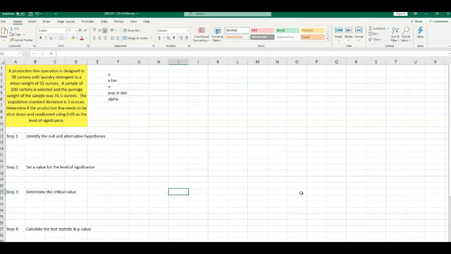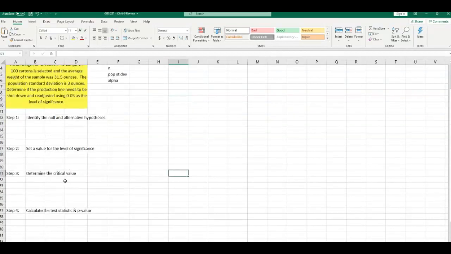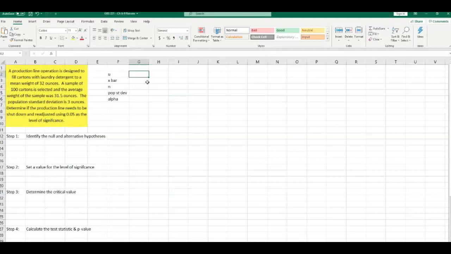Once again, before we work through all of these different steps, right, we need to first figure out what we are told. Our mean is this 32 ounces. Our x bar, that's going to be the sample mean, right? So from that sample that we took, the mean was 31.5. Our n, that's the sample size, that was our 100. Our population standard deviation, we were told that that was 3.